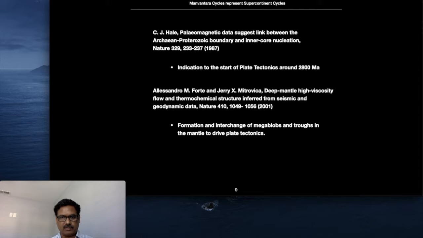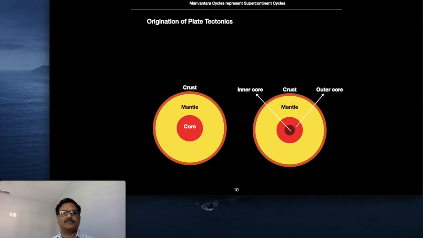One of the blobs is under one of the supercontinents, and then it breaks up, the continents disperse toward the troughs, and then they interchange. The trough becomes a blob, and the blob becomes a trough, and then they push the continents back to form the supercontinents. So that's how this theory is presented, and I took it as a basis and then extended the theory.